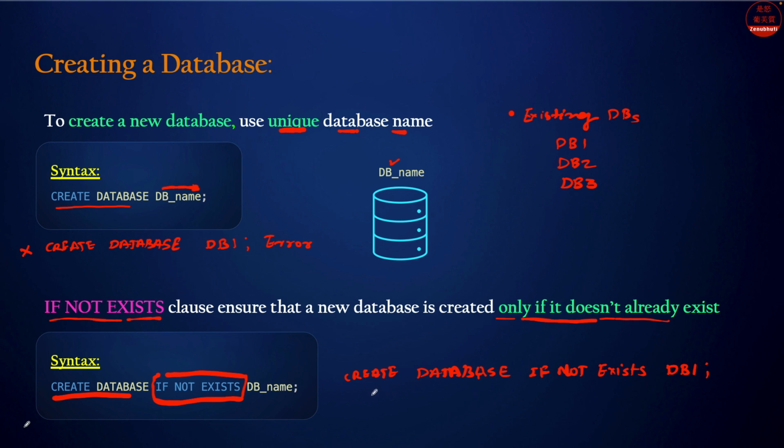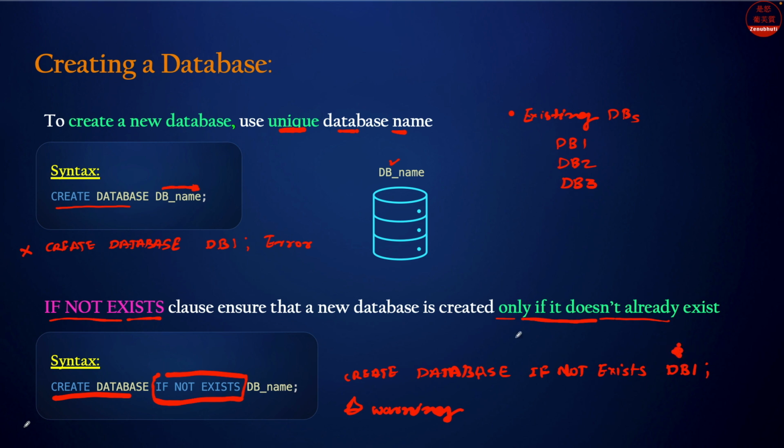Now SQL will not throw an error, but it will give us a warning, right? And it will say this database cannot be created, db1, since it already exists, right?